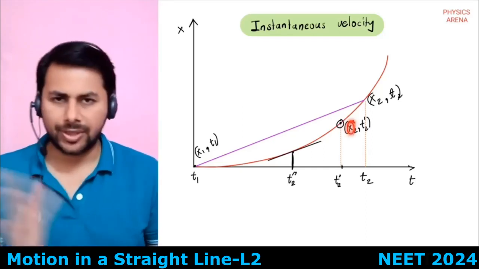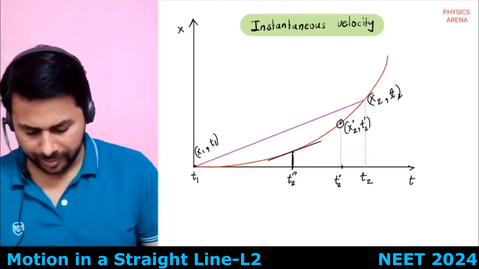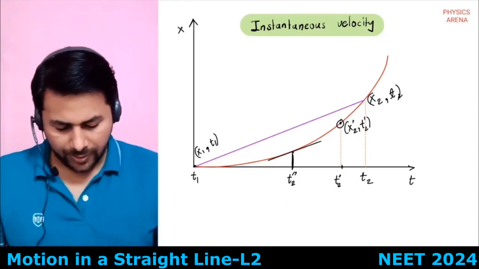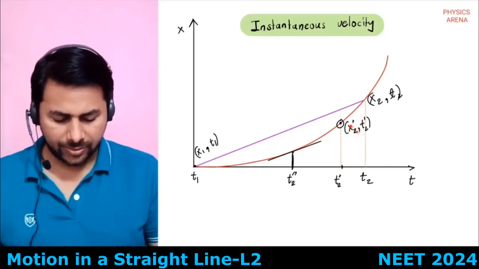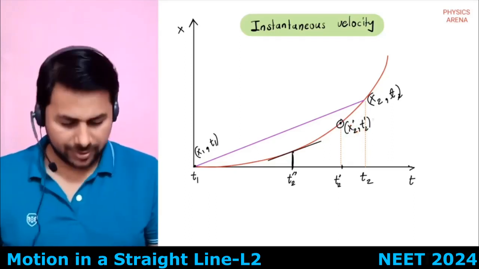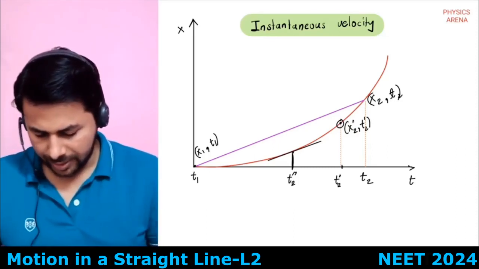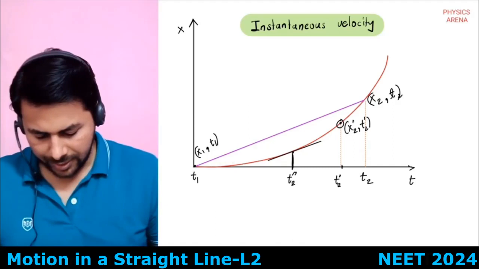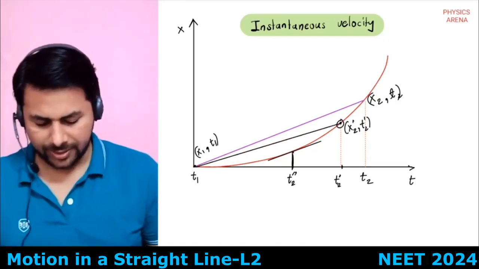I'm writing the vertical coordinate first and then the horizontal coordinate, doesn't matter. I'm just saying that its position is x2 dash at time t2 dash, right? So I get another line. If I connect these 2 points, the line will be like this.